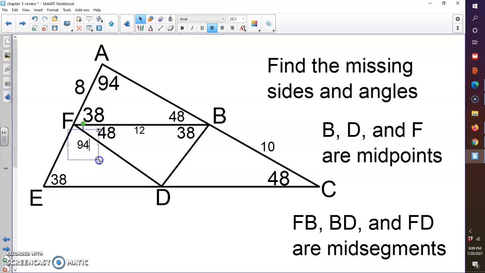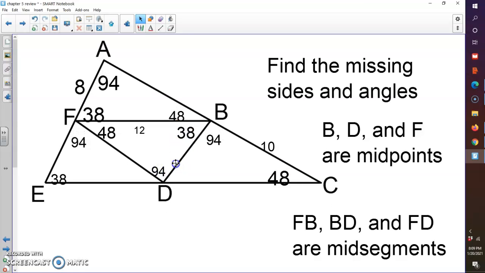Because all three angles that make a straight line have to add up to 180. And same deal here, 48 and 38 and 94 equals 180. 48 and 38, well, we get 94 here, because our triangle has to add up to 180.